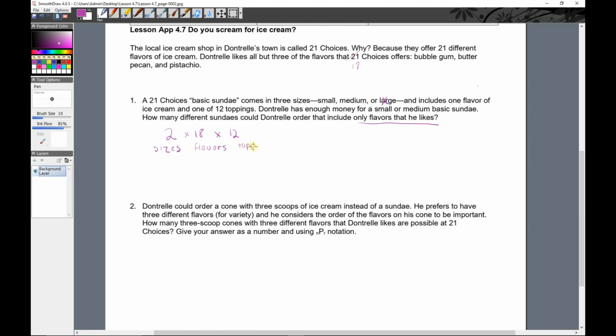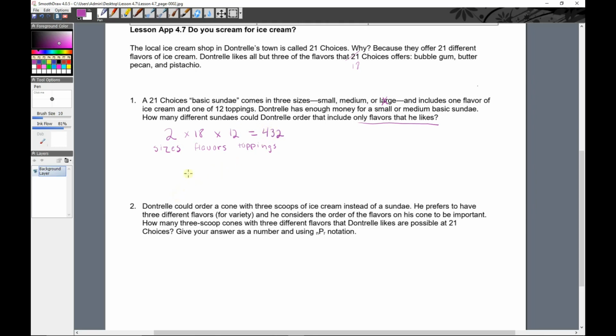Now, I don't see any restriction in the problem as it concerns toppings. And you'll notice that this is not factorials, because it's not 18 times 17 times 16 times 14. It's just these kind of random choice amounts. All right. So if we multiply those together, we get 432.